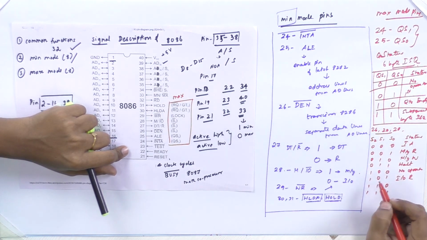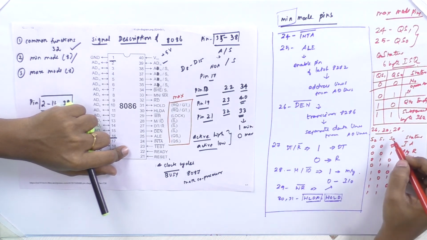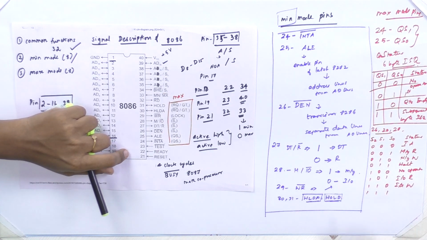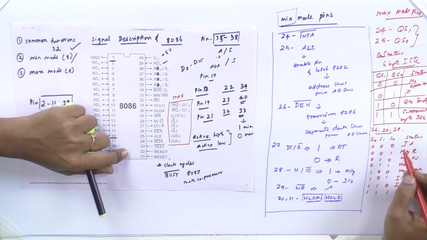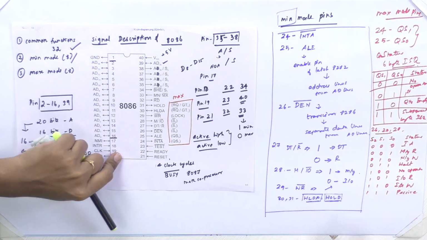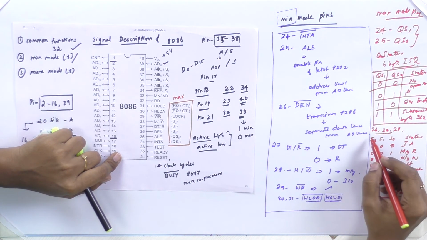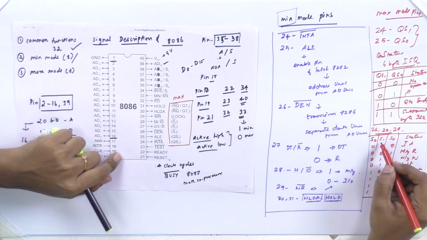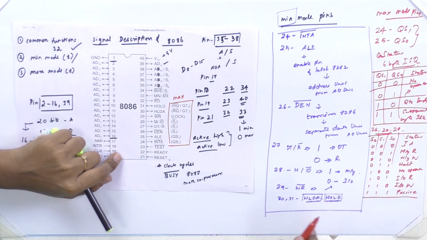When S2 is 1, S1 is 1 and S0 is 0, then IO write is executed. When all these pins are logic 1, then the processor remains in passive state, which means it is in the idle state. So these are the functions of the 8086 processor based on the pins S0, S1 and S2.